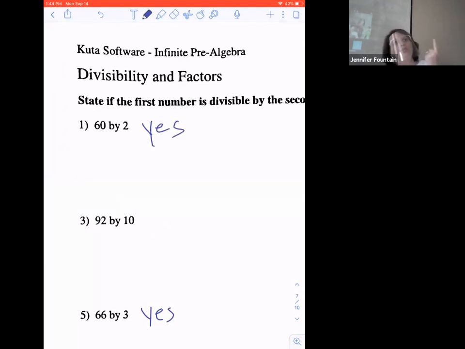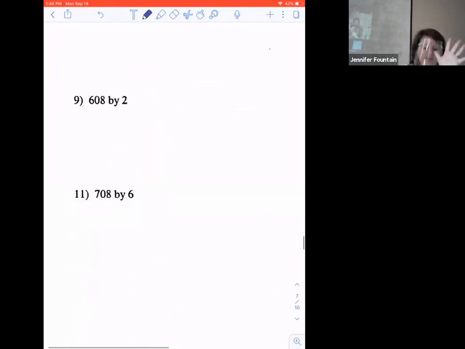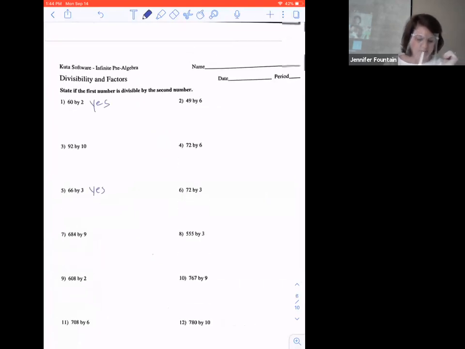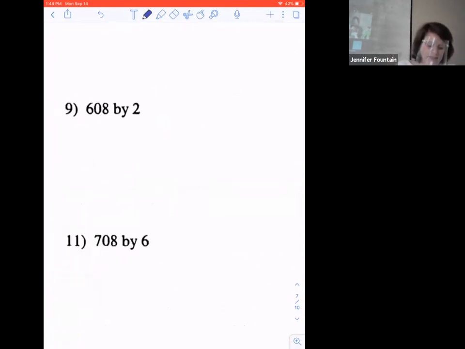All right, so that's 2 and 3. What was our rule for 5? If it ends with a 5 or a 0. Let's see if we have any of those on here. They didn't give us any of those. Okay, how do I know if it's divisible by 6? If it's divisible by 2 and 3.